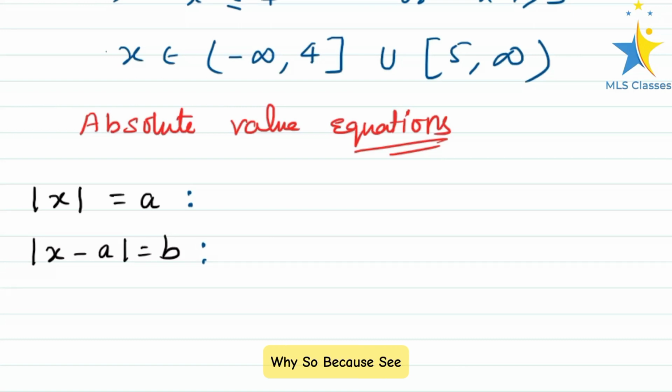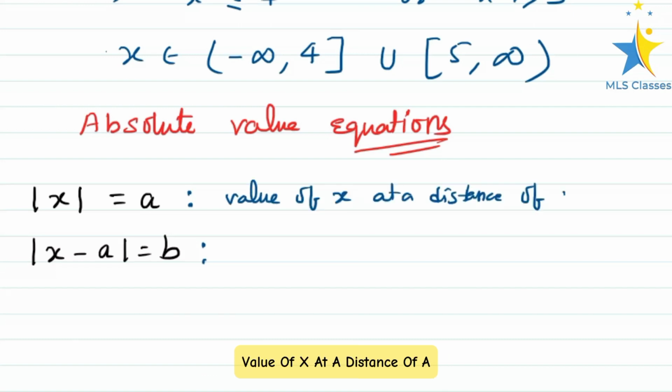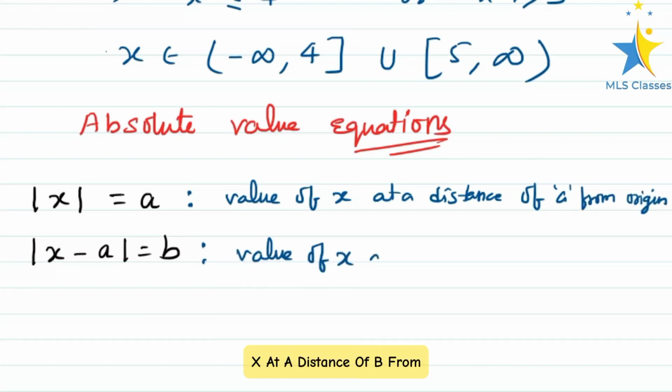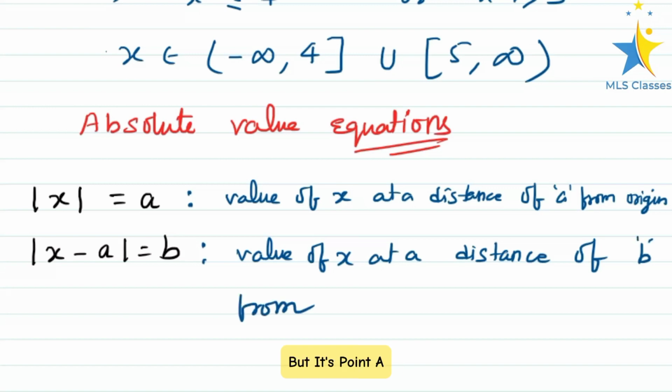Why so? Because if we define absolute value geometrically, then the first statement means the value of x at a distance of a from the origin, and the second means the value of x at a distance of b from, here it's not the origin but the point a.